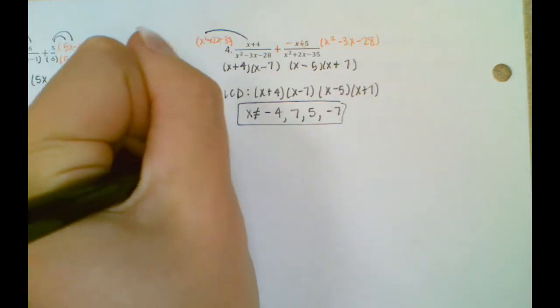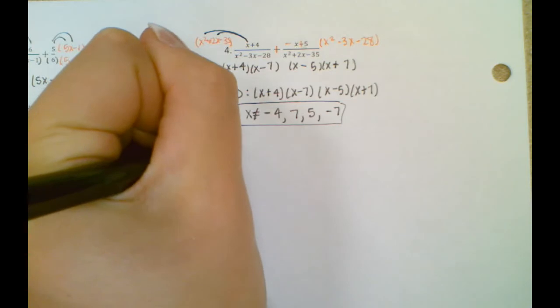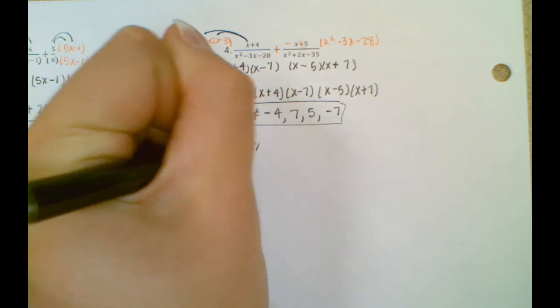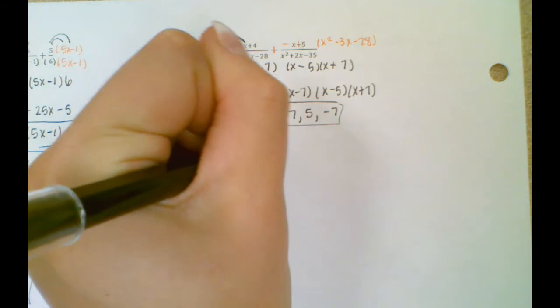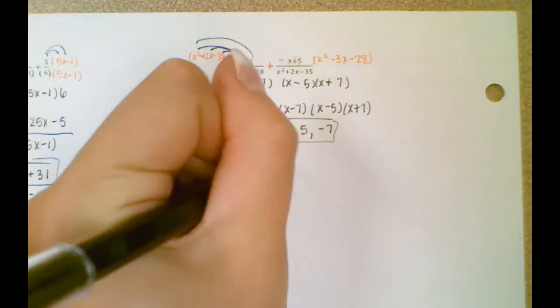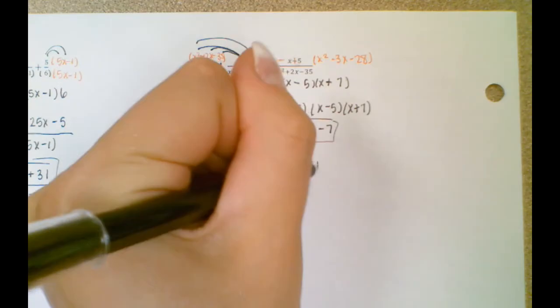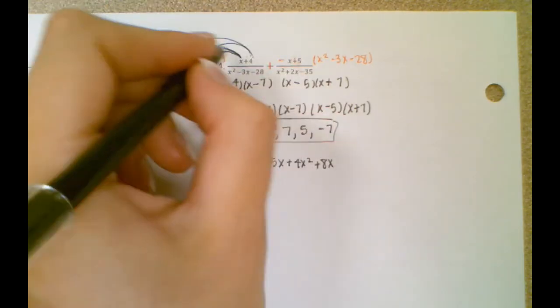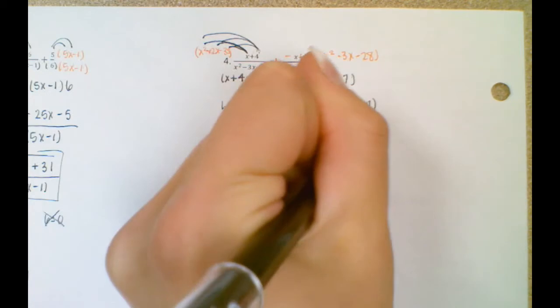So this becomes x to the 3rd plus 2x squared minus 35x. Now I got to do the same thing to the 4. Plus 4x squared plus 8x. 4 times 35, and that's a minus sign, so negative 140.